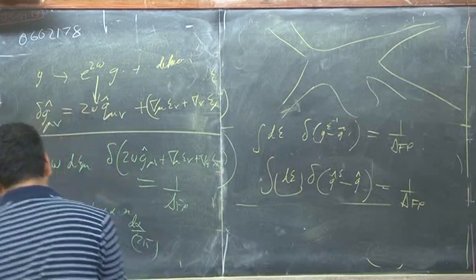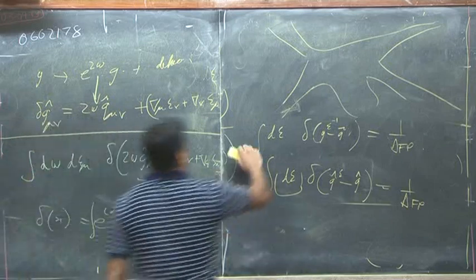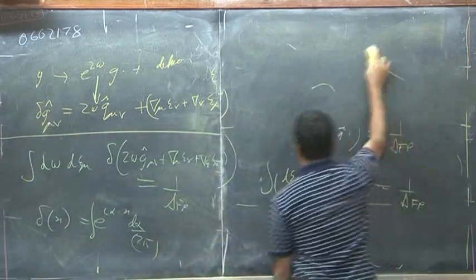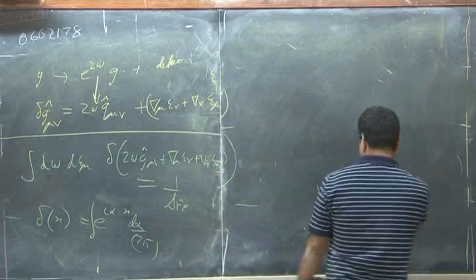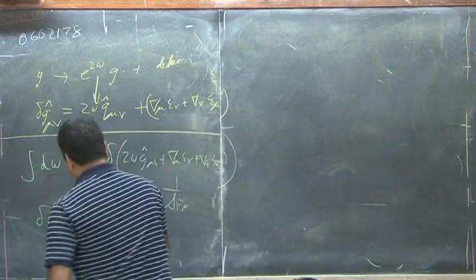Okay? And we're extremely cavalier with all constant factors. We fix the final overall normalization and consistency at the end. Okay?